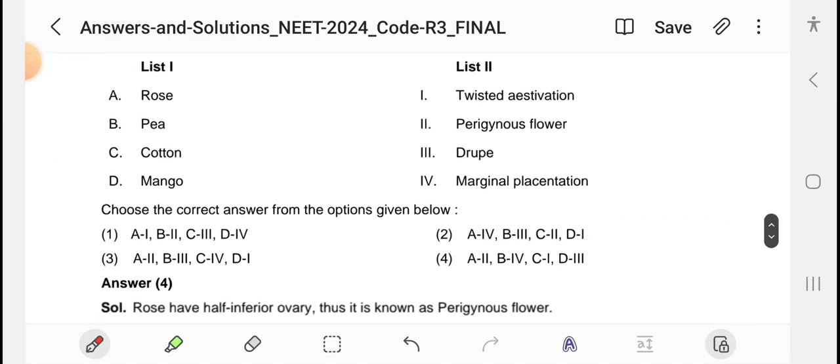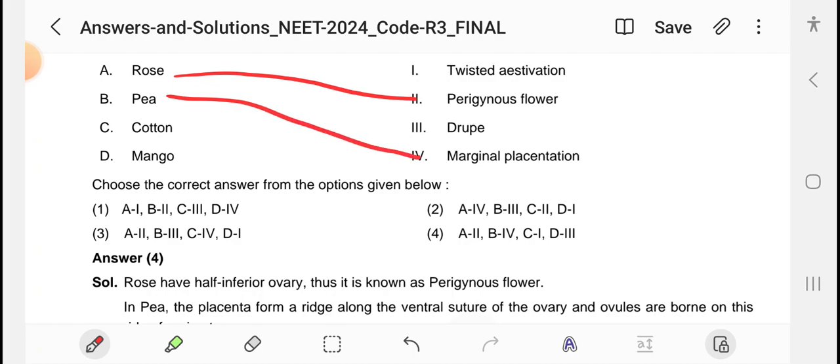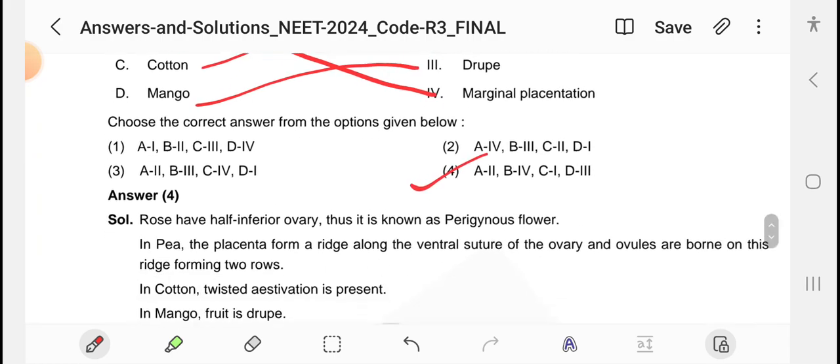So your next question, match list 1 and list 2. So rose is perigynous flower and marginal placentation, cotton is twisted estivation, then mango is a drupe fruit. So the correct answer for this question would be option number 4.